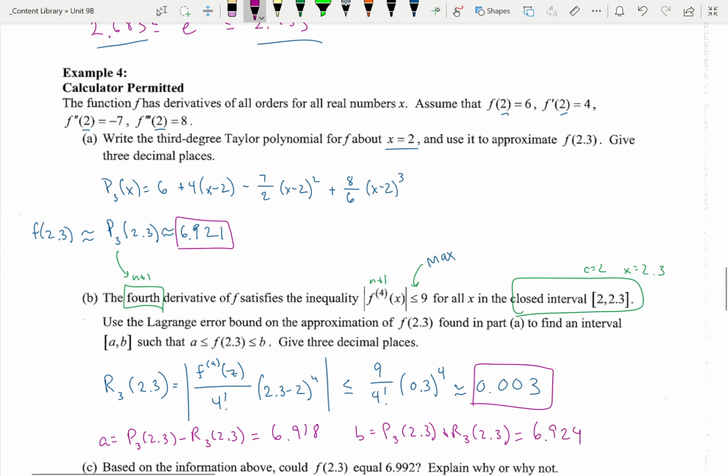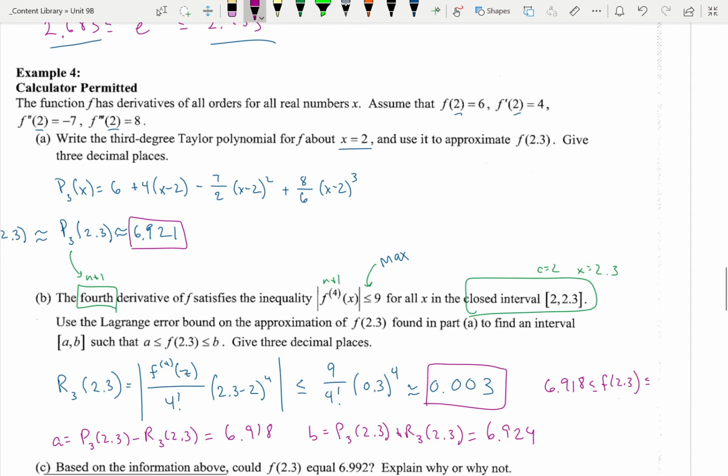So we know that the lower bound of 6.918 is definitely less than or possibly equal to f of 2.3, which is definitely less than or possibly equal to the upper bound of 6.924. So don't fall for it like I almost did. Make sure you follow through and answer the question that they're asking.